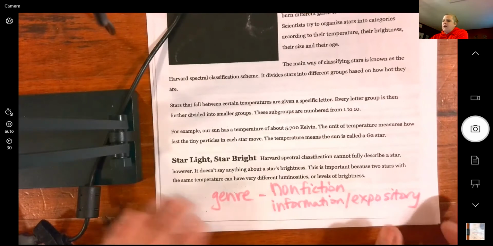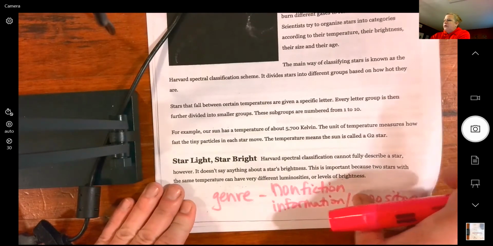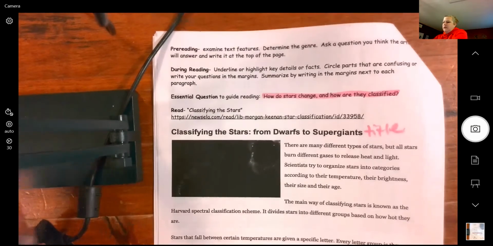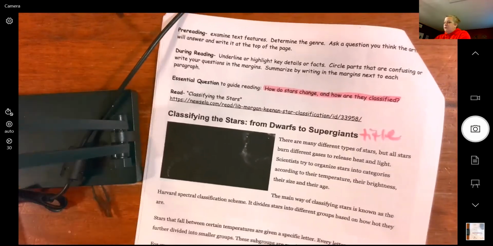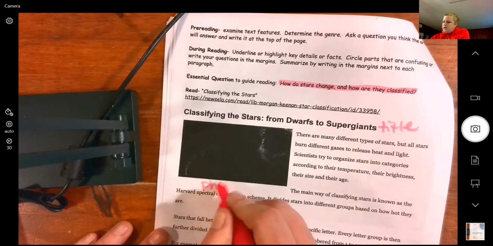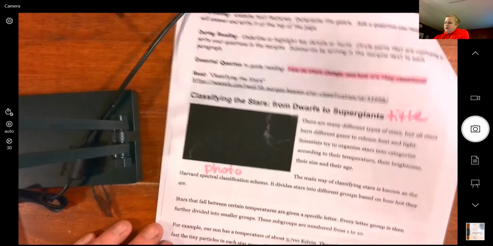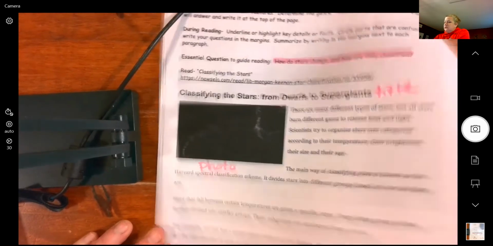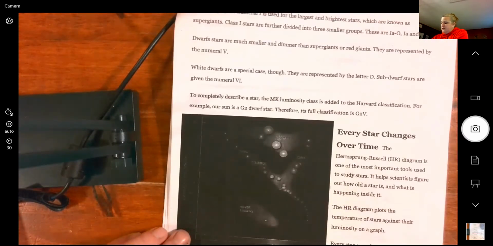So it is not an autobiography, a story you write about yourself. It's not a biography, a story someone else writes about you. It is giving us information. All right, and this was in the photo. And I have a subtitle. And I have a diagram.